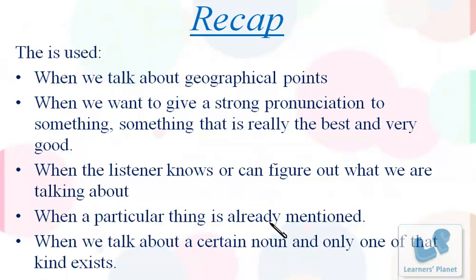When a particular thing is already mentioned. Sam has 2 dogs. The brown one is Glitter and the black one is Silver. When we talk about a certain noun and only one of that kind exists. The White House is the US Parliament.